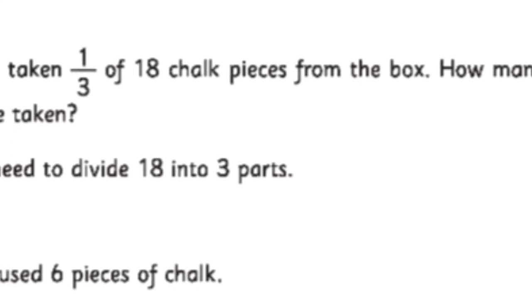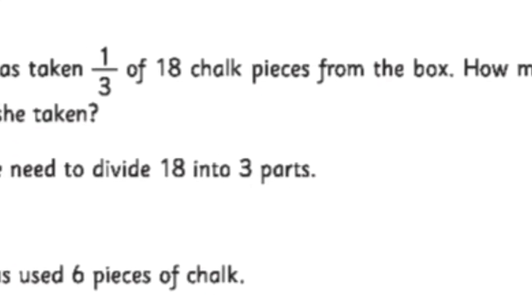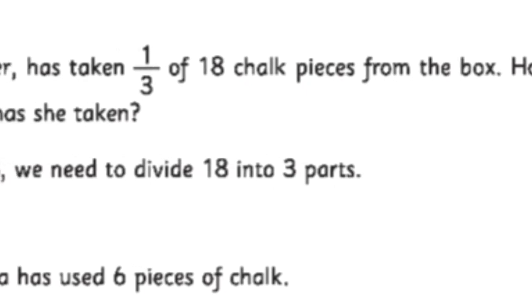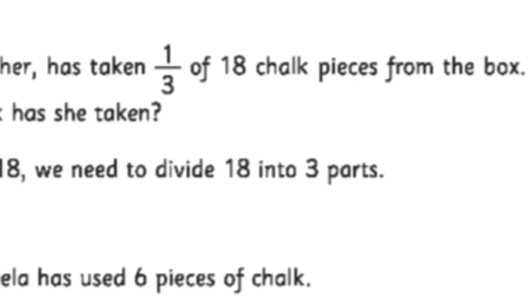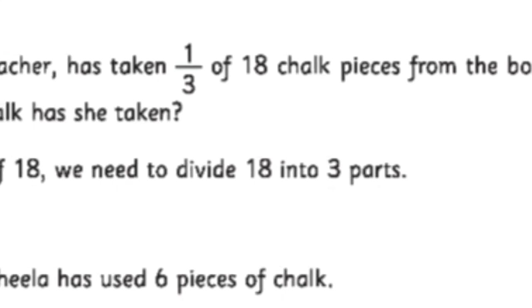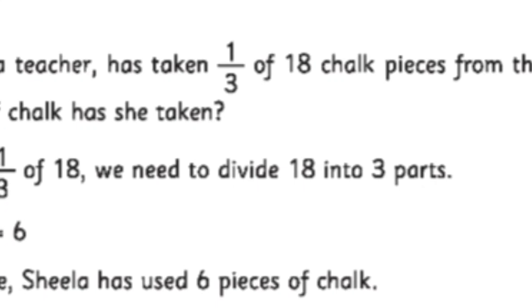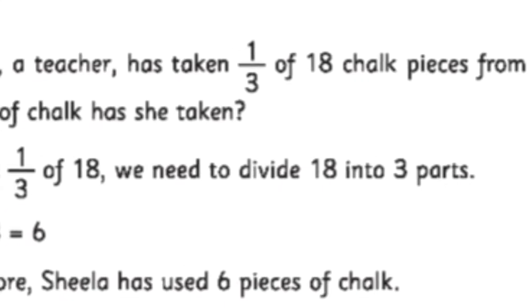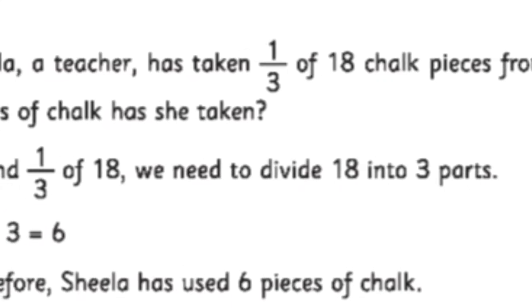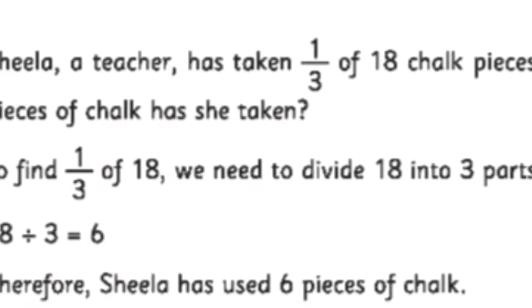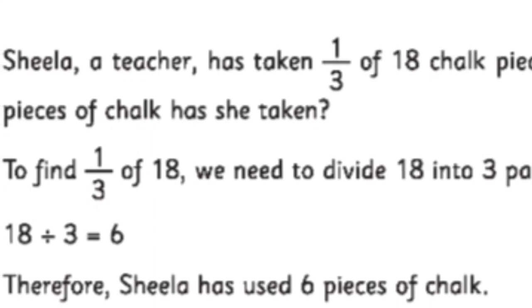Let's do one real life example. Sheila, a teacher, has taken 1/3 of 18 chalk pieces from the box. How many pieces of chalk has she taken? To find 1/3 of 18, we need to divide 18 into 3 equal parts since the denominator is 3. See here children, there are 18 chalks.